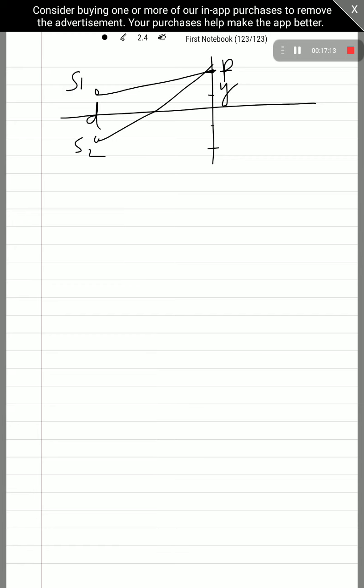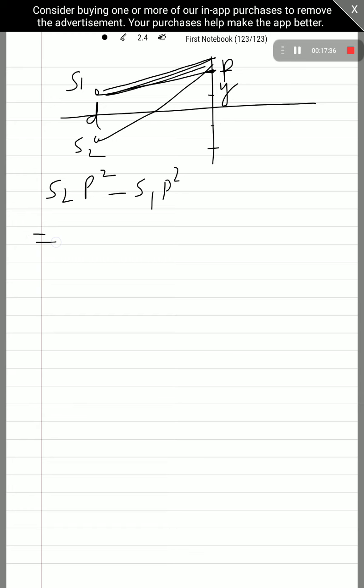So let us calculate the path difference between the two sources: S2P square minus S1P square. I'll apply Pythagoras here. This is the hypotenuse, so the base square plus perpendicular square.